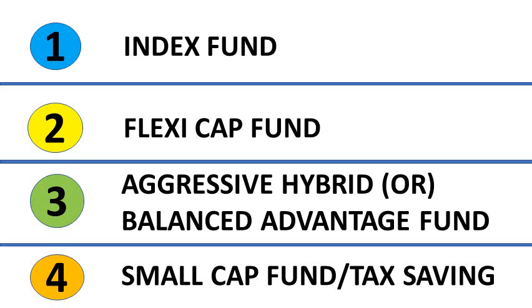We don't know which small cap fund will hit in the market over a long period of time. So at least you can keep either one small cap fund or a tax saving fund. So these four categories will cover the entire mutual fund needs. I hope more than four of these categories is not required, and it will be repetition if there are more than four.